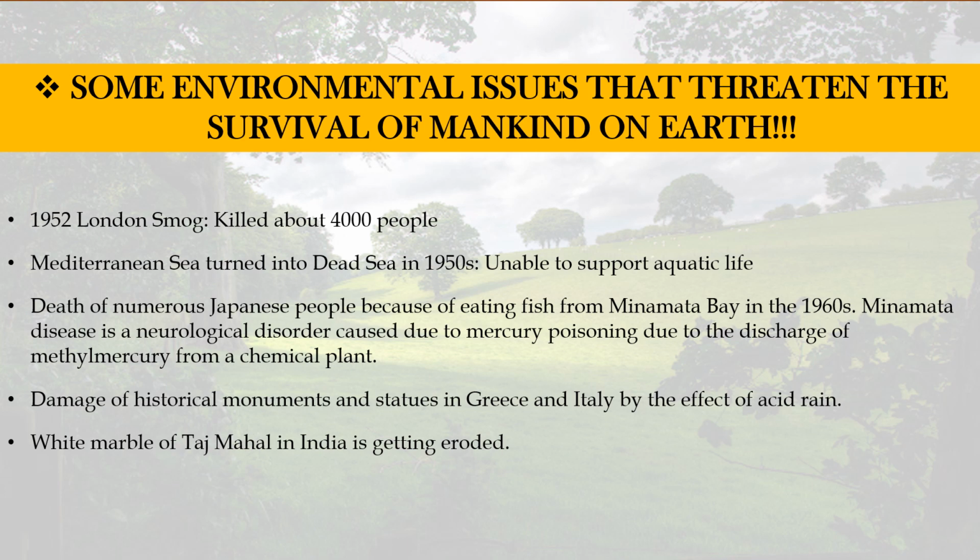It looked like smog because in smog there is very low visibility, and the pollution level was so high that it appeared like smoke and created accidents which killed so many people. And in the 1950s, the Mediterranean Sea turned into a Dead Sea as it could not support aquatic life. That means all the fish, crustaceans, and other organisms living inside the water died.